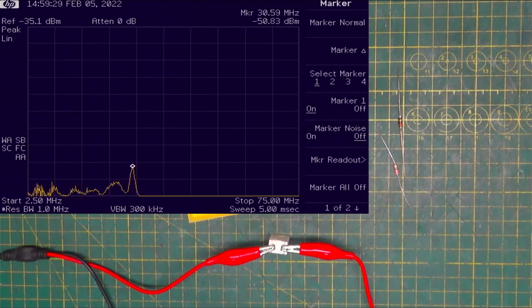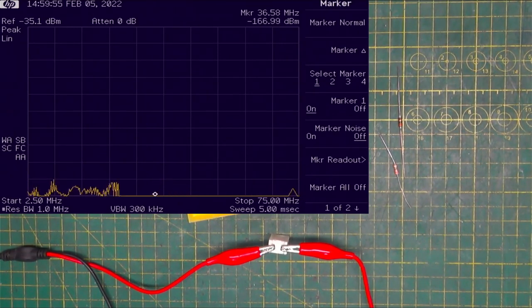Just from over here, we're down 41, 42. And over here, we're down 52. So there's 10 dB loss between 3.5 and 28 megahertz.